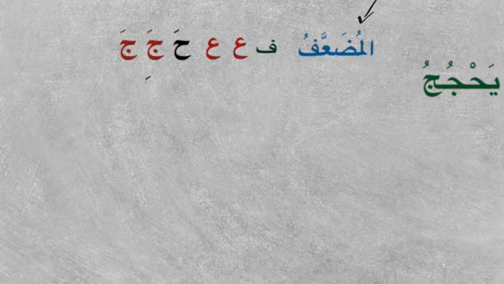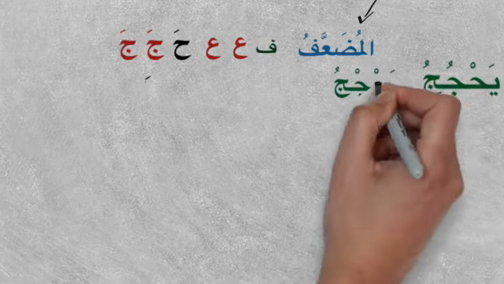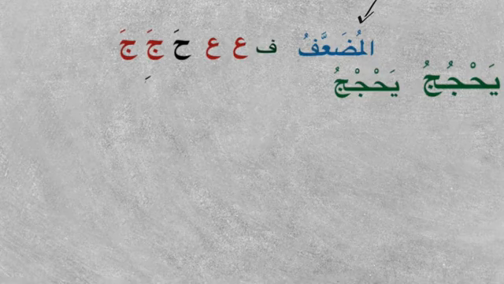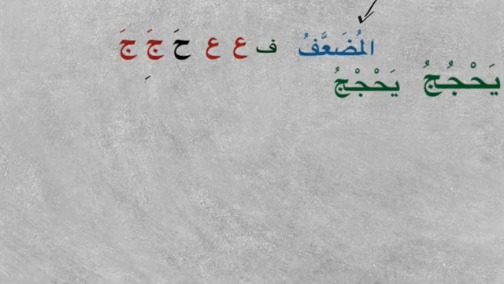What happens here is, because the ain kalima and lam kalima are the same, the lam kalima loses its vowel sign. Again we have iltiqa' sakinain, and this is a salim letter, not a weak letter, so we cannot drop it, we have to keep it. So what is the solution here? How can you pronounce? Again there is a change in the vowel signs.